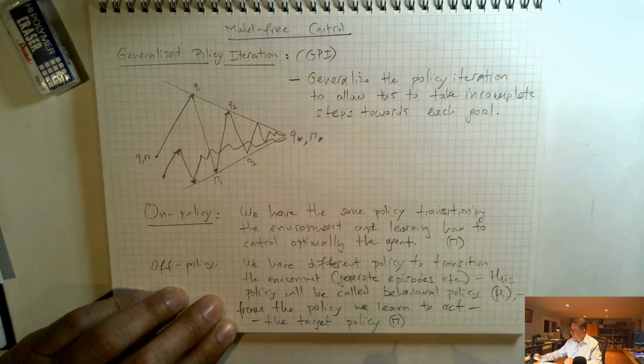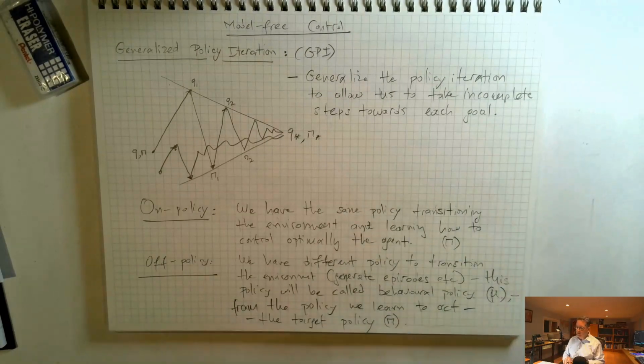Pi. The reason we actually have these two types of control algorithms is that in many instances we have found that off-policy methods can offer an advantage compared to on-policy methods.